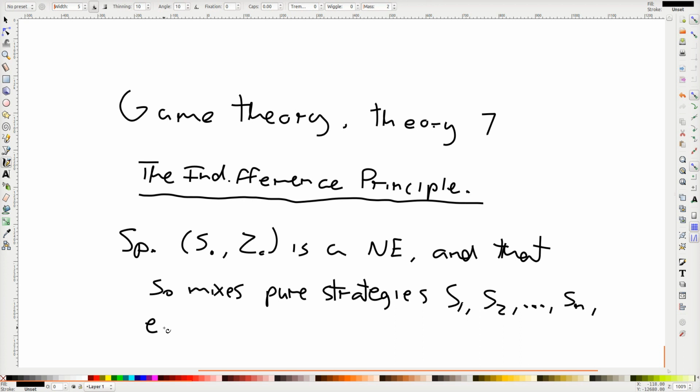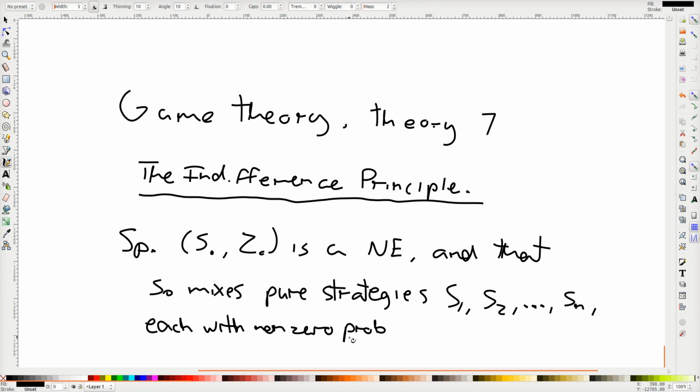And we're only going to count the pure strategies that it actually mixes between. So each with non-zero probability. So don't count the things that it doesn't actually mix between.